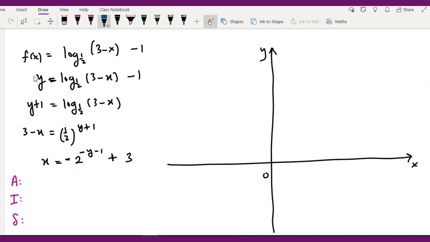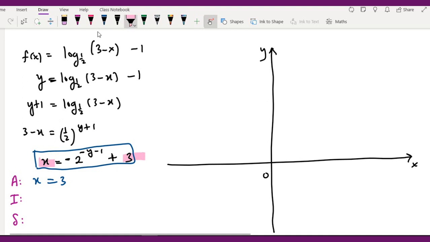For this function, change to this form, where x is a subject in exponential function, and then find the asymptote. The asymptote is x equals 3. Then, when y is equal to 0, negative 2, then negative 1 over 2, plus 3.